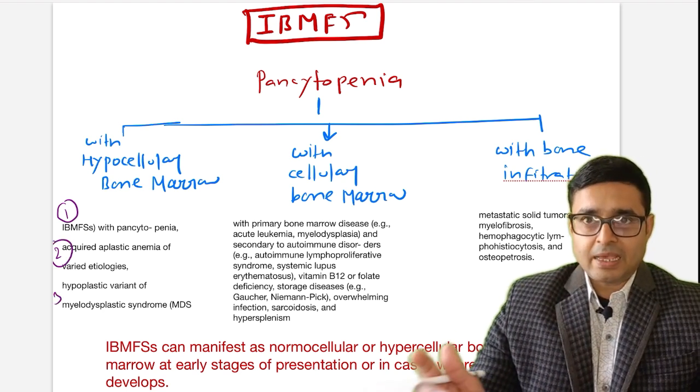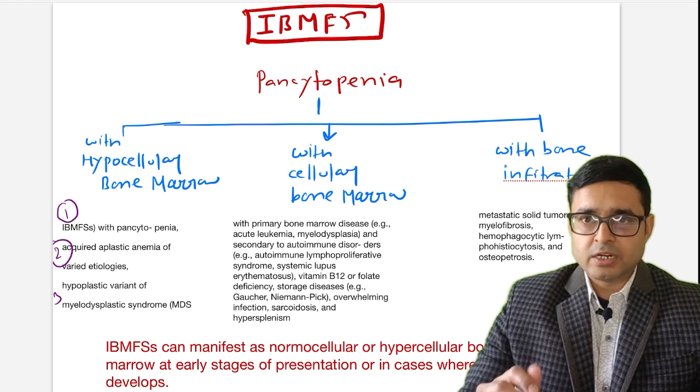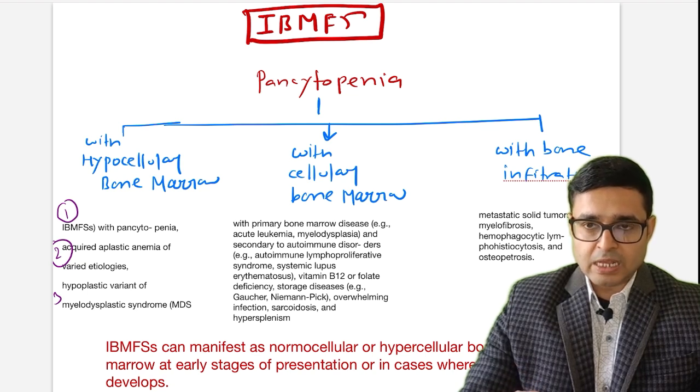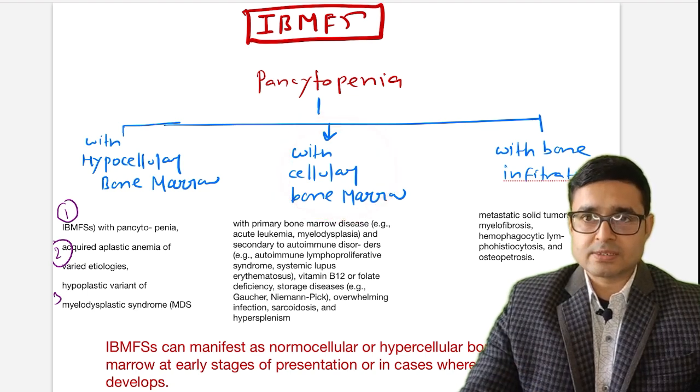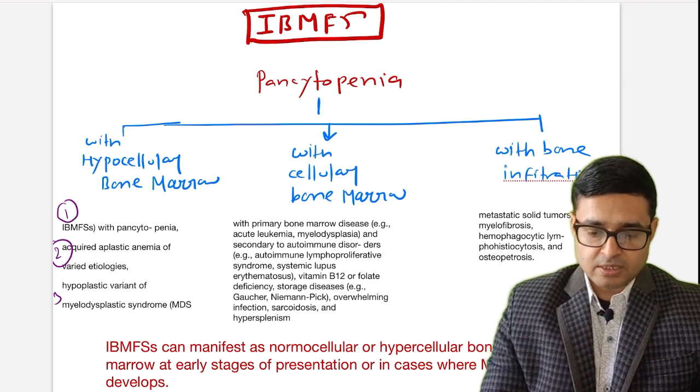Remember this. Next, pancytopenia is there. You did a bone marrow and you found a cellular bone marrow. So, in cellular bone marrow, what are the things? Primary bone marrow diseases like acute leukemia, myelodysplasia.